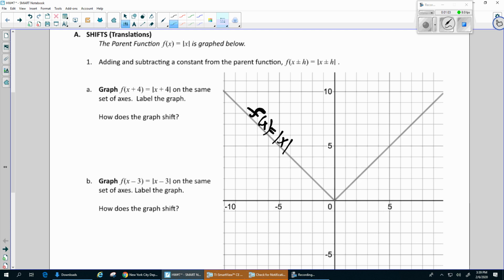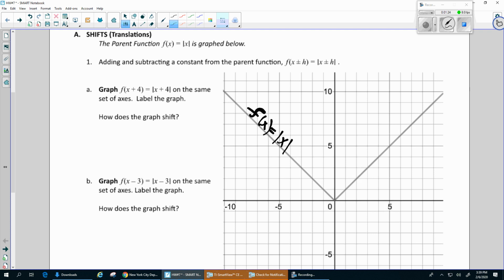F of x is equal to the absolute value of x. So now we're going to think about adding and subtracting values from that x value to see how it changes the graph. This is going to be called a shift or a translation from your work in middle school.